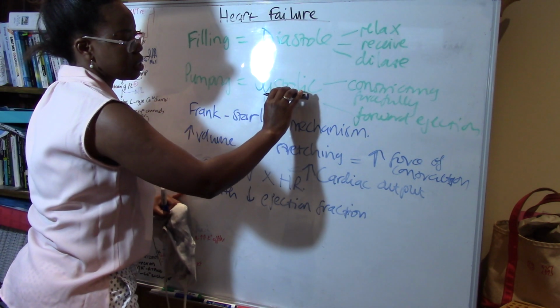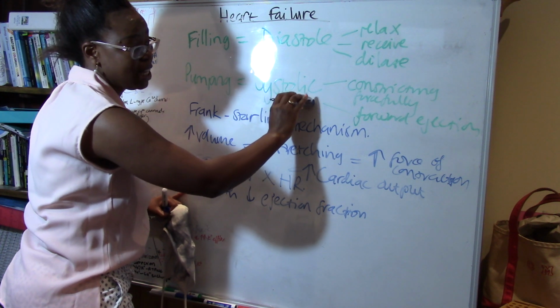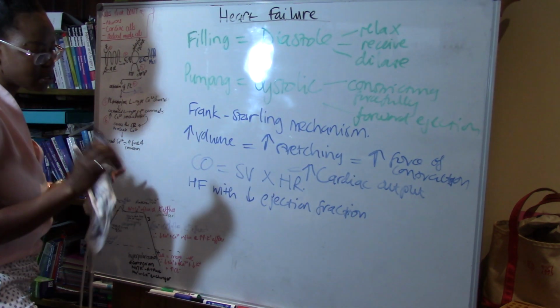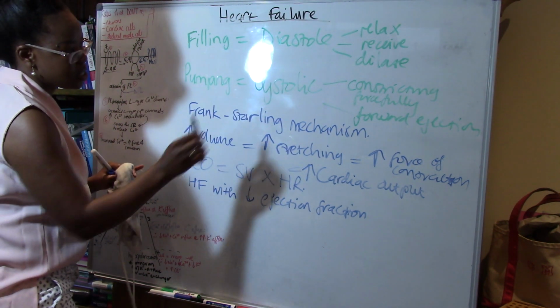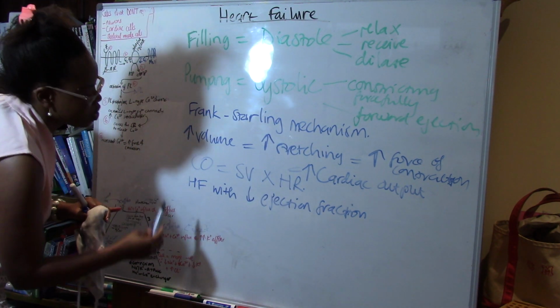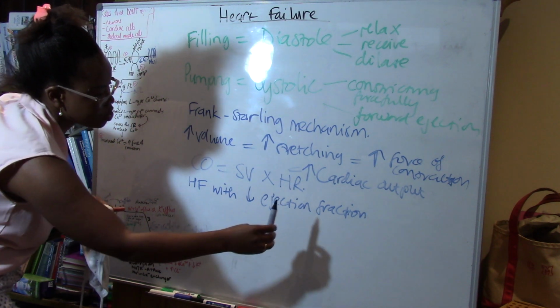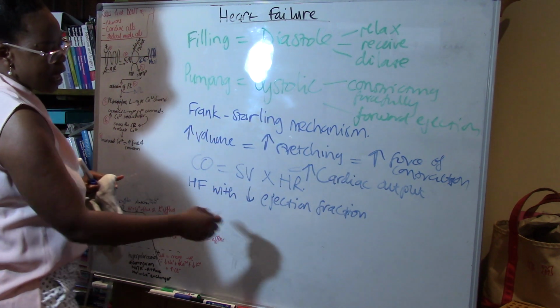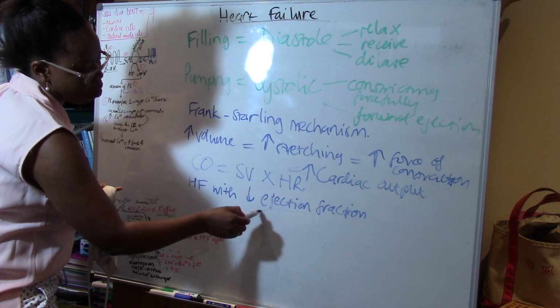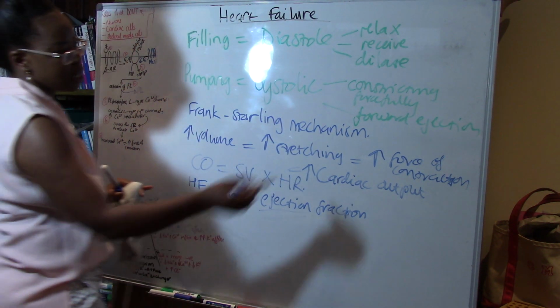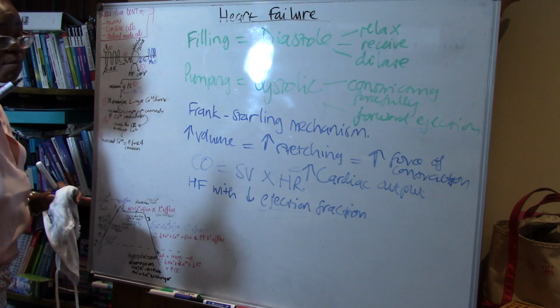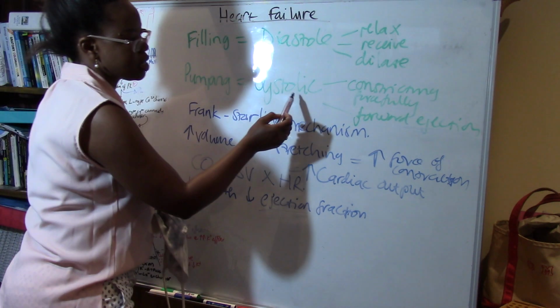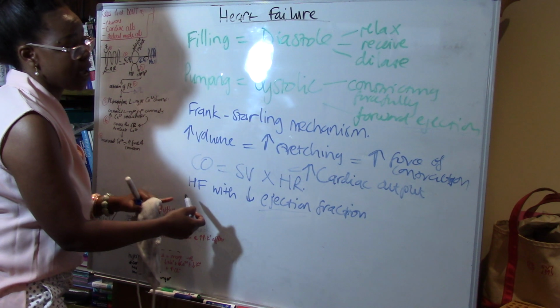Again, we're talking about mechanisms that are happening in systole. I'm obviously simplifying this so that it makes sense and it's easy to learn the physiology. So we're talking about a heart failure with reduced ejection fraction, and if we remember that what matters in ejection is the forward ejection of the blood, we're talking about a systolic heart failure.